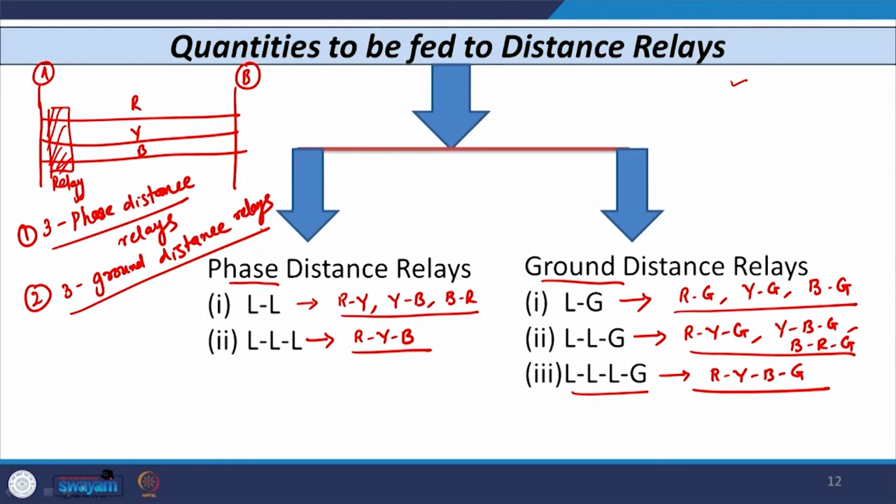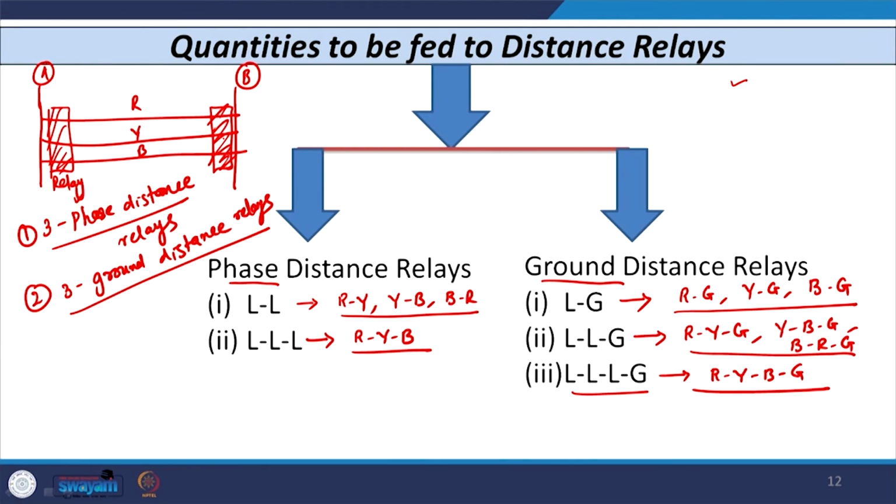If I use another distance relay here at bus B, then at bus B also 3 phase distance relays and 3 ground distance relays are required. So, total 6 units are required for bus A and 6 for bus B.